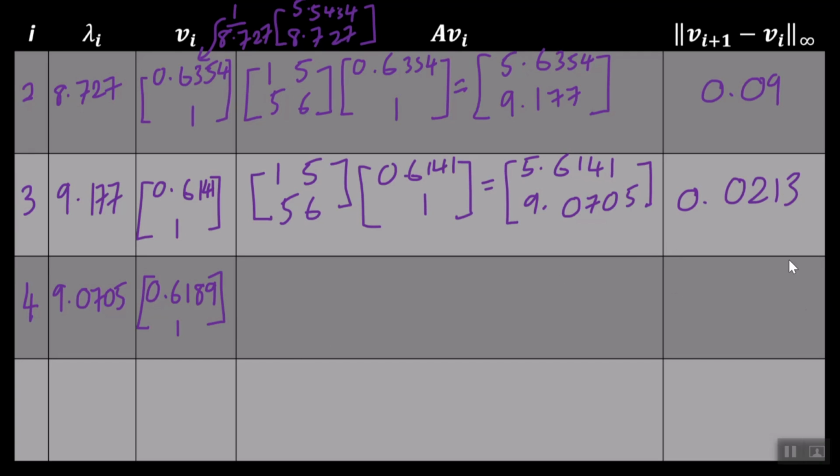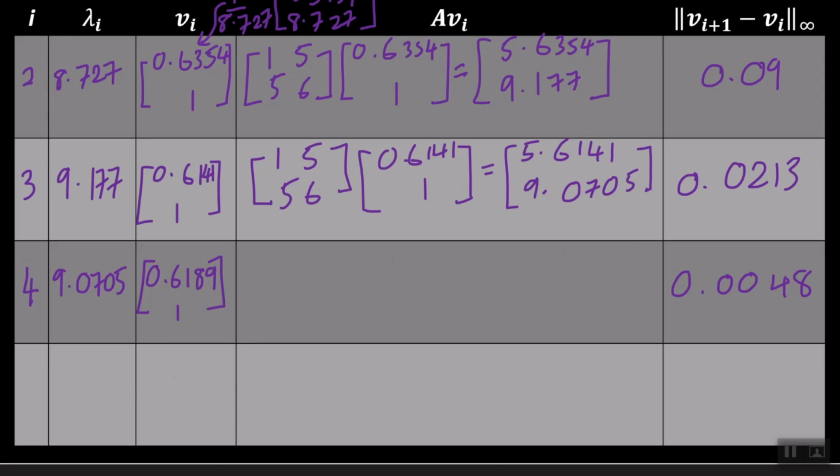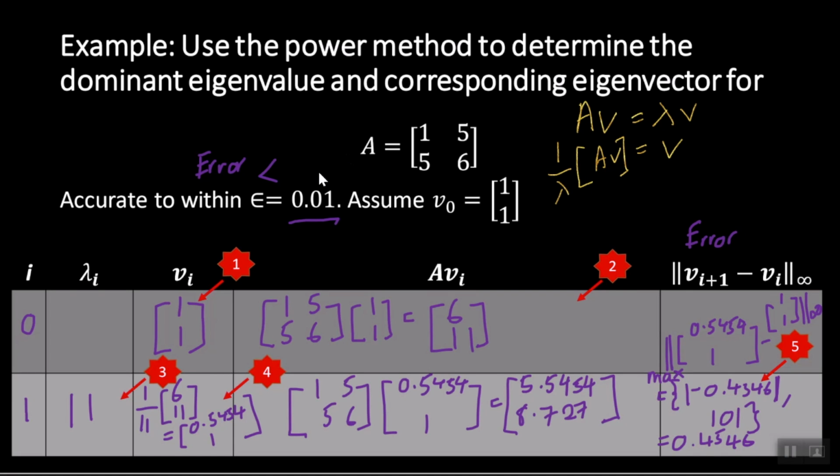And now we could calculate the error. 1 minus 1 is 0. We ignore that. And this value minus this value, the absolute value of it is 0.0048. Okay, let's look at the stopping criteria. The stopping criteria is given as 0.01.